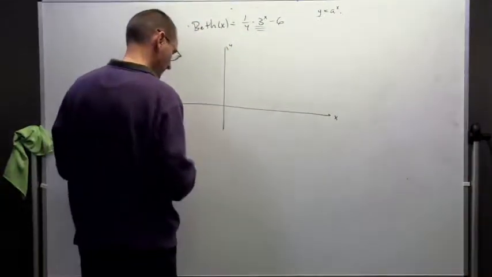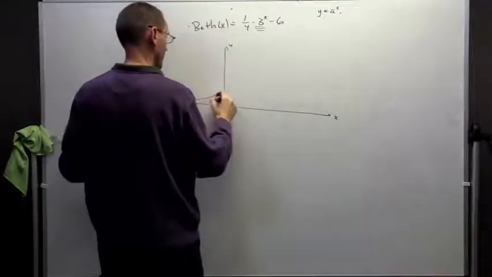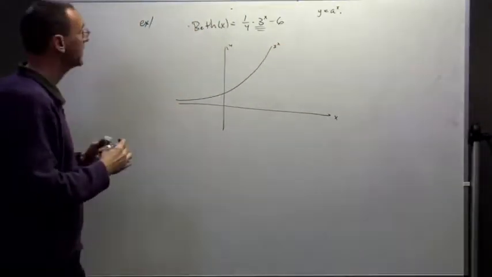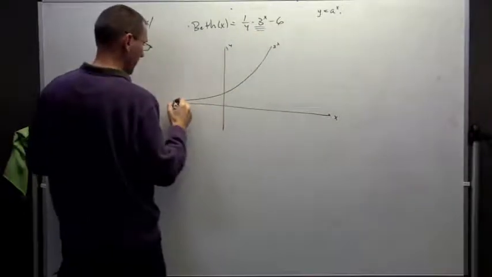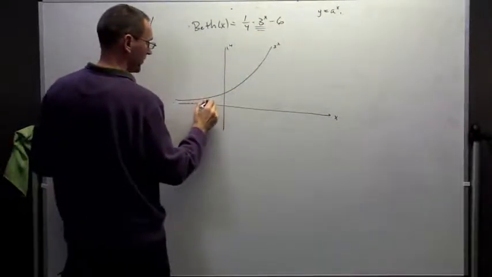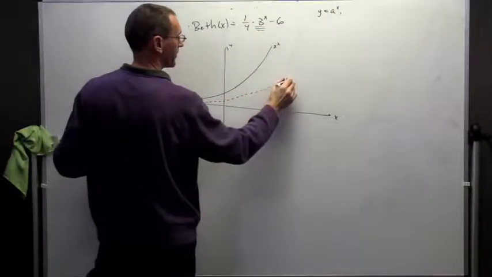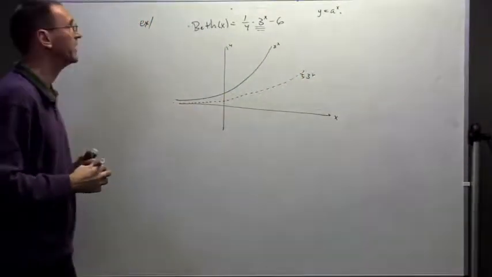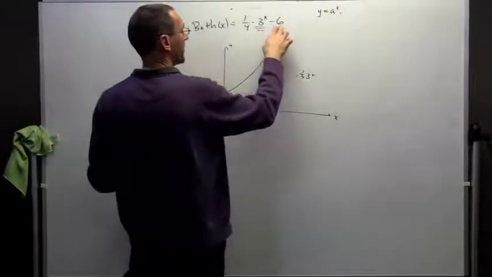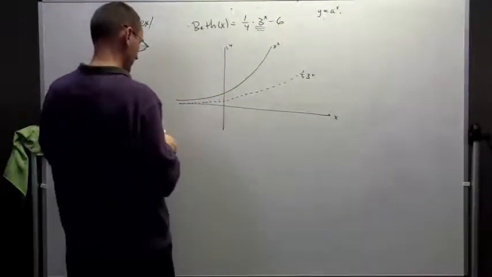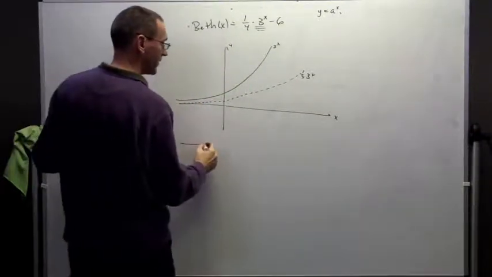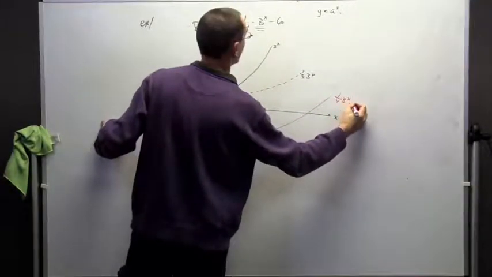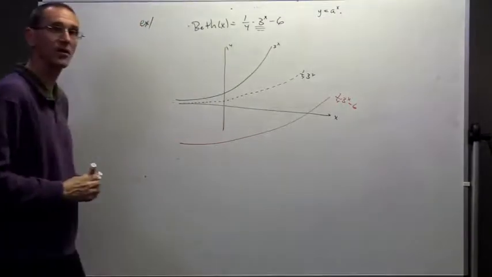So let's see, 3 to the x looks like that. Now if I multiply that by 1/4, I know I'm going to scale it vertically, and then if I take that result and shift it down by 6, then I know what that new function is going to look like.